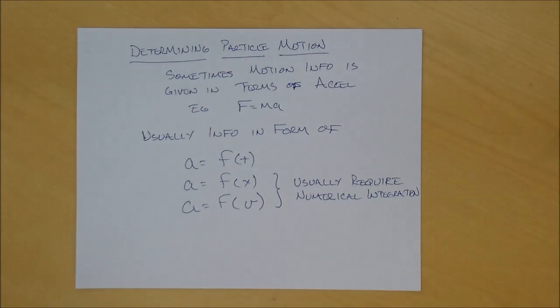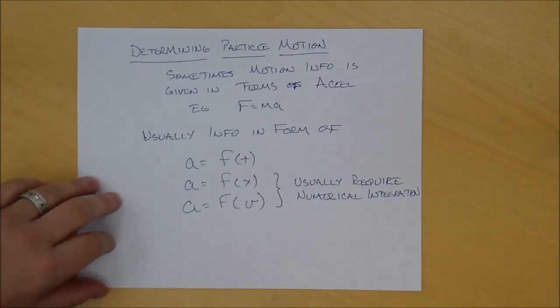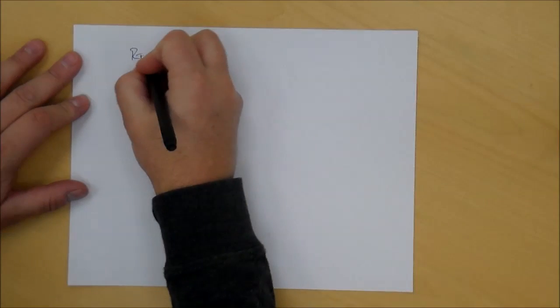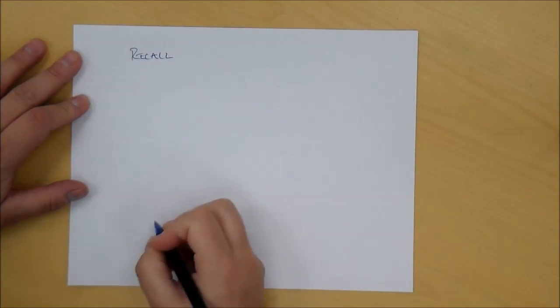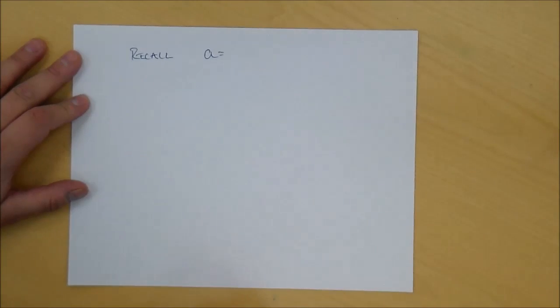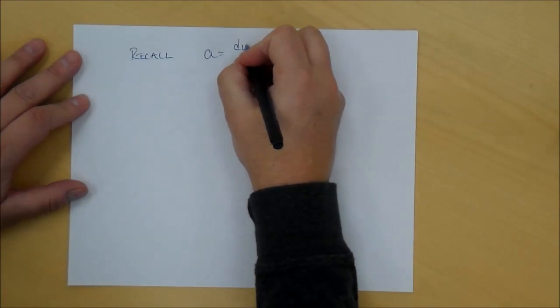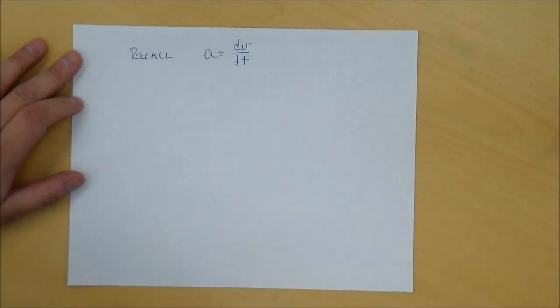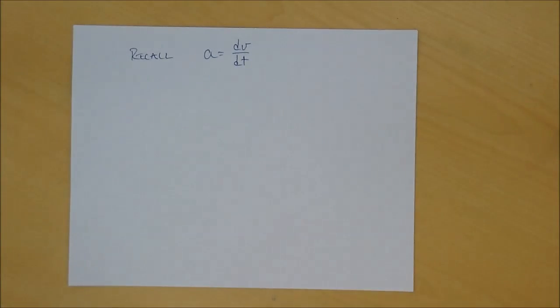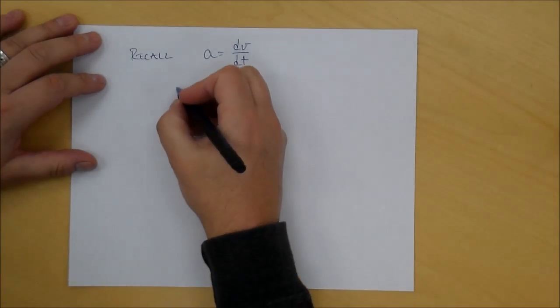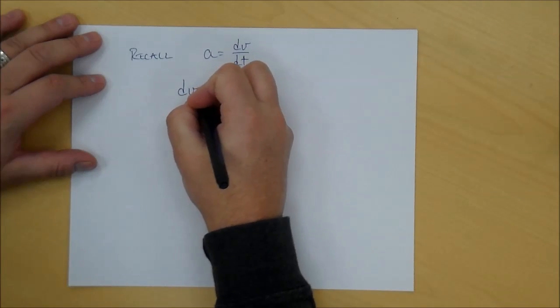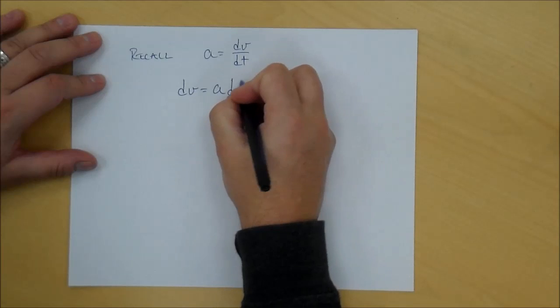The first one, where the acceleration is given as a function of time, is relatively straightforward to solve. Now you may recall from the last lecture that the acceleration of a particle is equal to the derivative of velocity with respect to time. I can rearrange this algebraically and say that dv is equal to a dt.